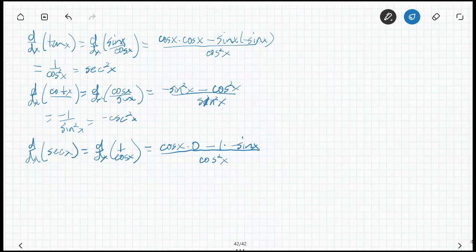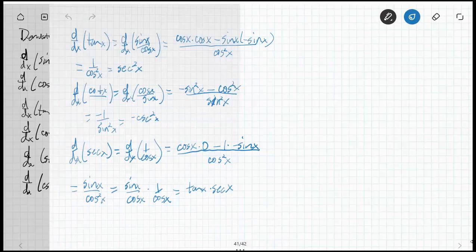Well, negatives cancel. Cosine of x times 0 is 0. And guess what I get? I get sine of x over cosine squared x. Now, you may be looking at that thinking, that doesn't seem very easy to remember. Well, it isn't. However, if I write this as sine of x over cos x times 1 over cos x, just using a little algebra, I get tangent of x times the secant of x.